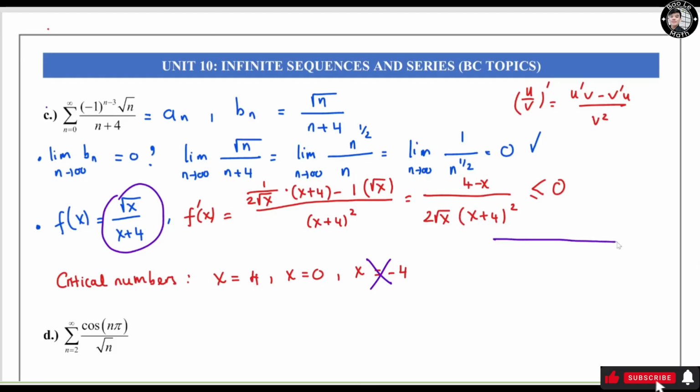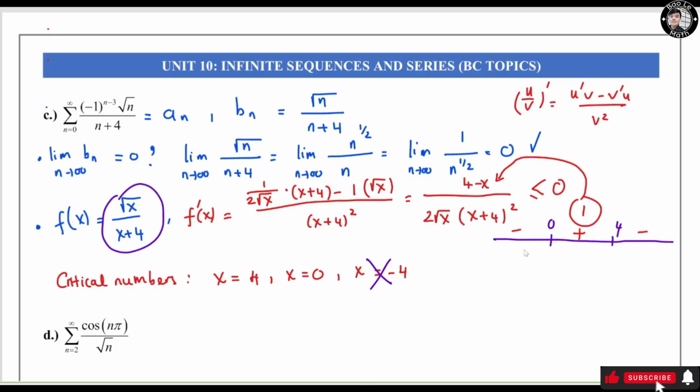So we only have two real numbers. We're going to draw the number line, so we put 0 here, 4 here. Now we're going to pick a value within this interval. Suppose I pick 1. I substitute 1 for s back over here, so 4 minus 1 is going to be 3. The bottom is positive, so this one is positive. If this is on the plus side, this must be negative.